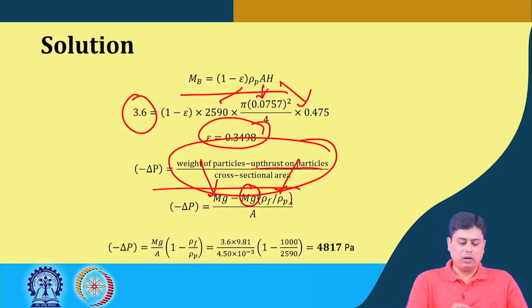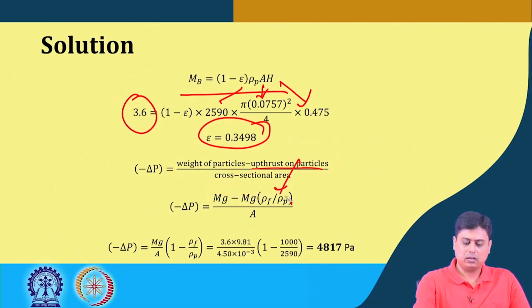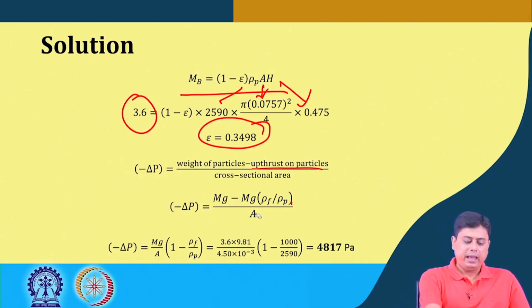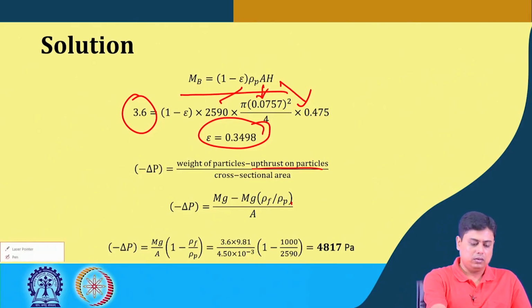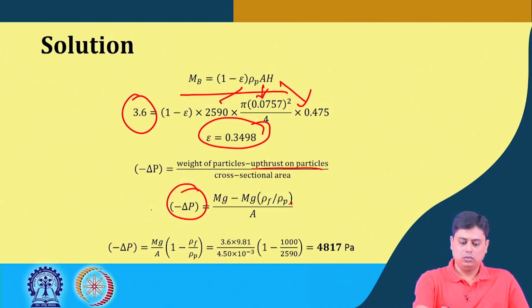So, basically what we have here is (mg − mg × ρf/ρp)/A, which is our ΔP.